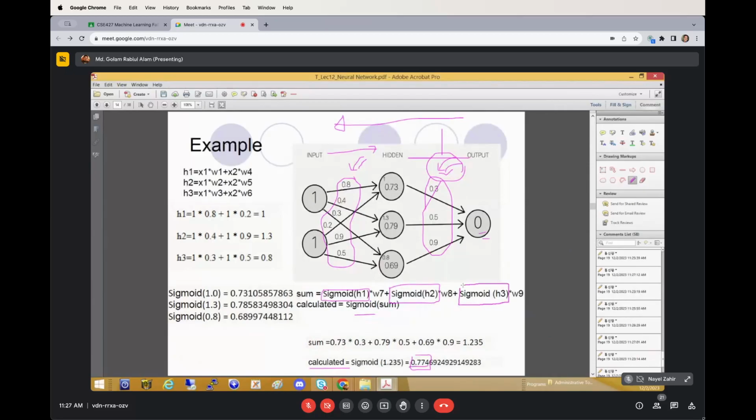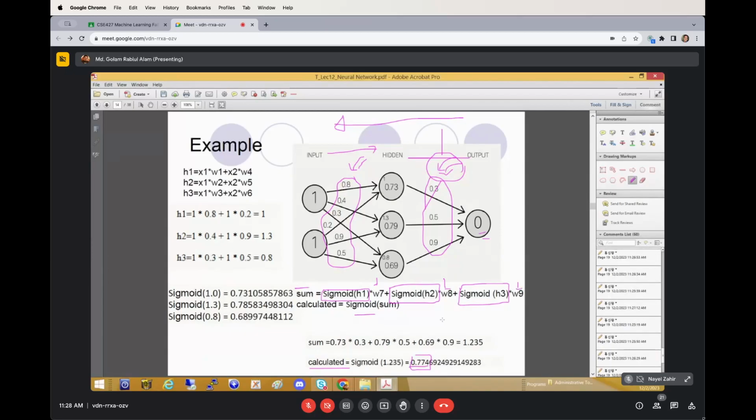These three sigma values we multiplied with W7, W8, and W9 to get this sum.